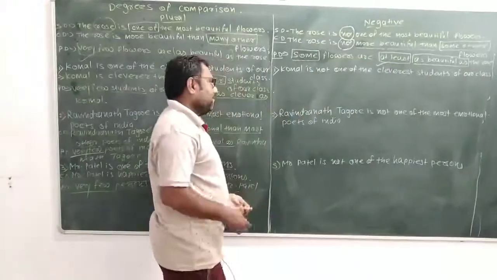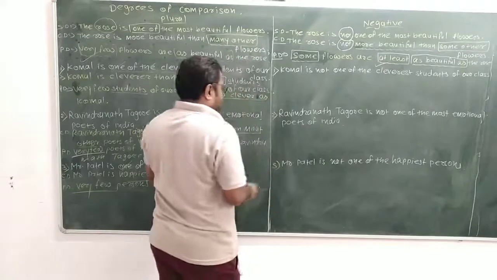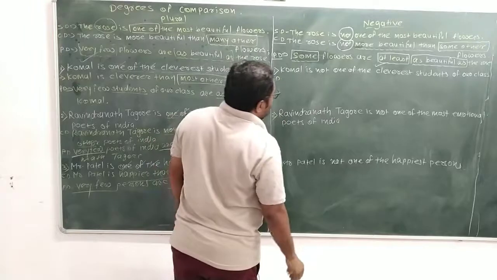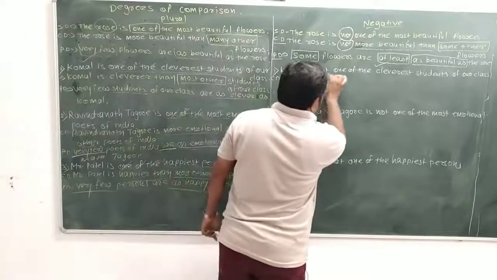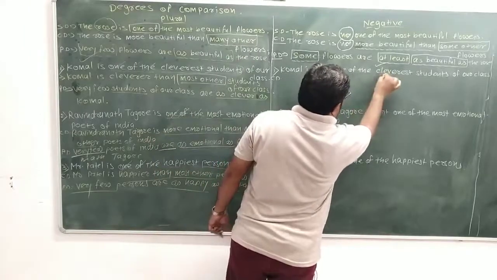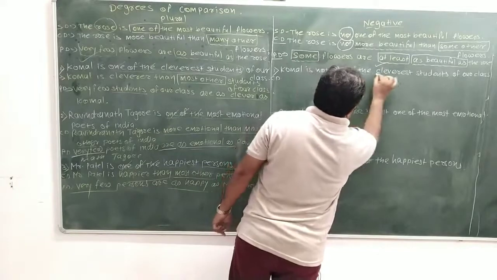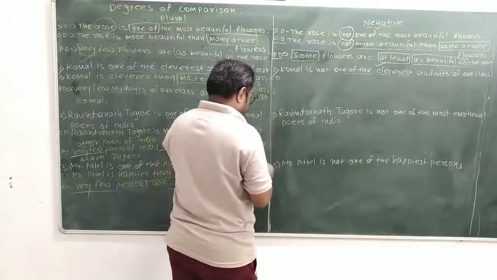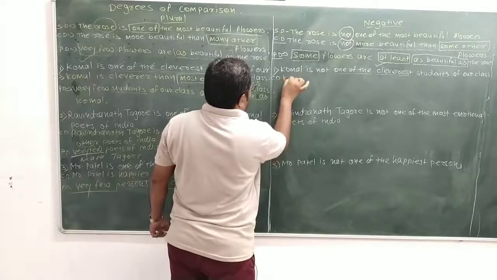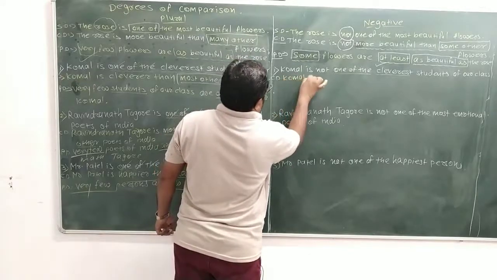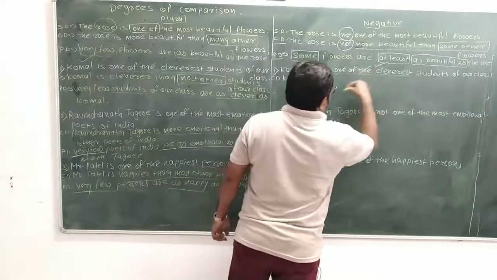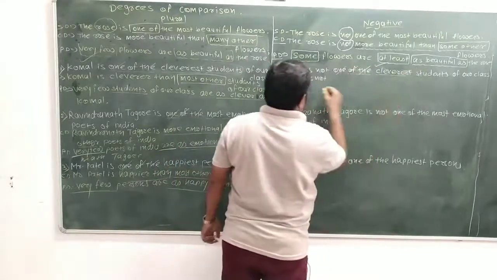Okay, let's see. First of all, we make comparative degree. Komal is not one of the cleverest students. So, Komal is not one of the cleverest, or cleverer.